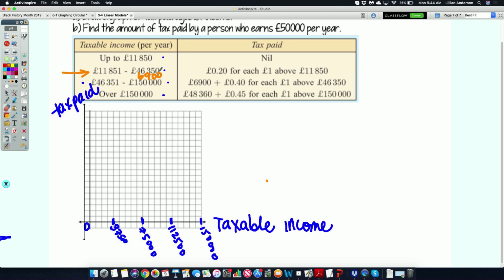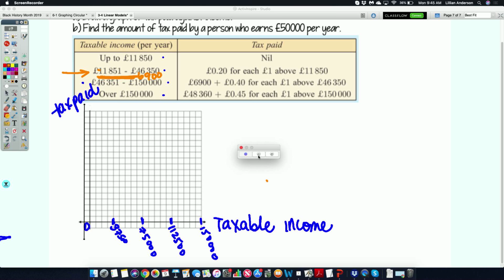And did you get that? No, I got 9,270. But it is that distance. However much is in there, that's how much. This is for each one above it. So you need to subtract and then multiply.